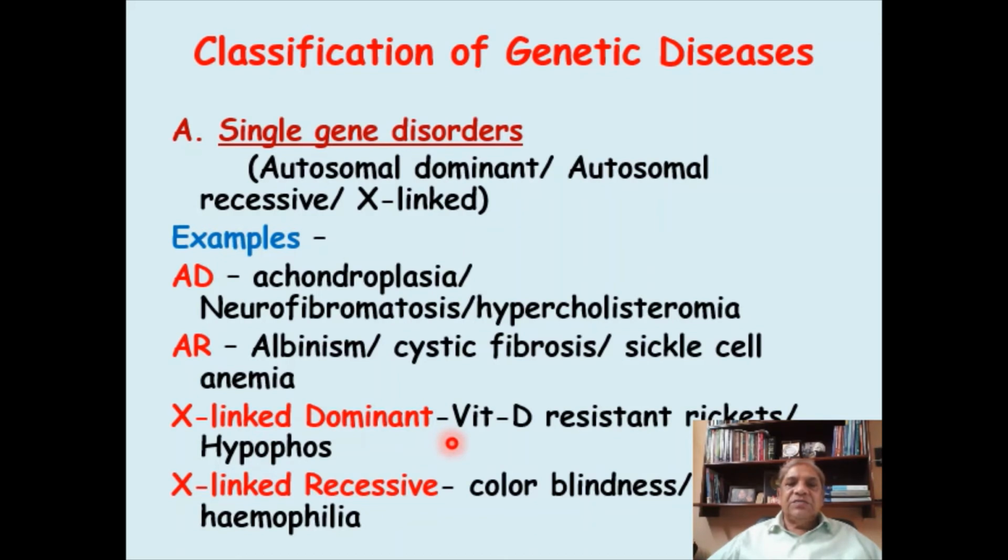This disease is vitamin D resistant rickets, an abnormality in bone formation which is not due to vitamin D deficiency, and hypophosphatemia, that means deficiency of phosphates.